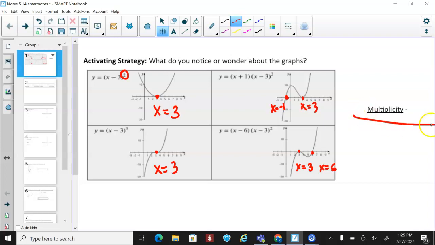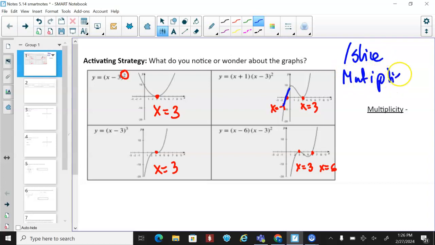And what does the word multiplicity mean? Multiplicity means that sometimes when I think there's only one x-intercept or one zero at the point, that might not be the truth. There might be more than one at the same dot, okay? Now, how do I know that? Well, there's a rule: if the function looks like it is crossing, like slicing through the x-axis, like a slice, that would mean to me that there is a multiplicity of 1.